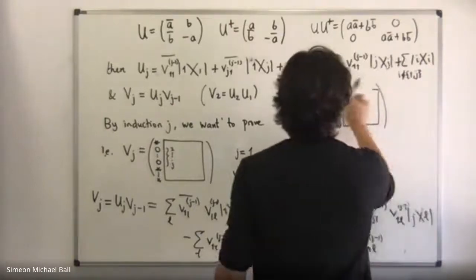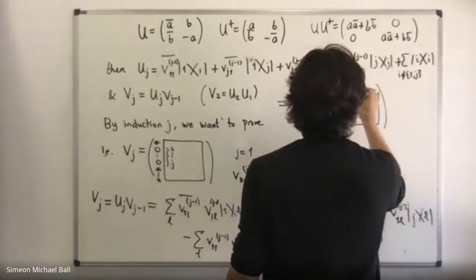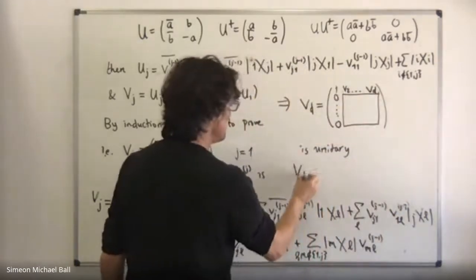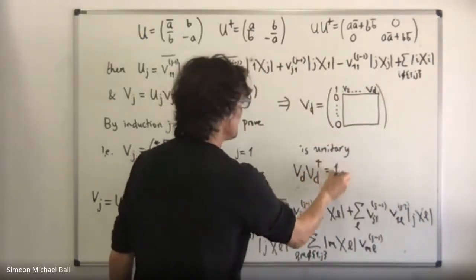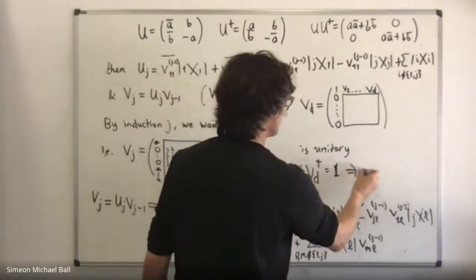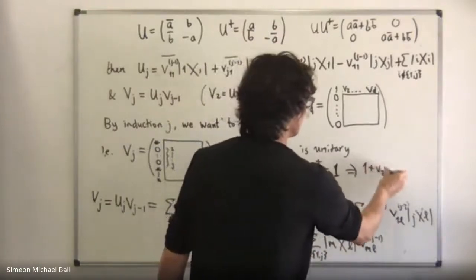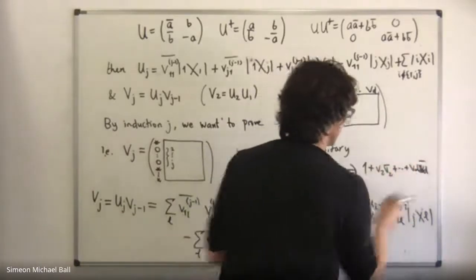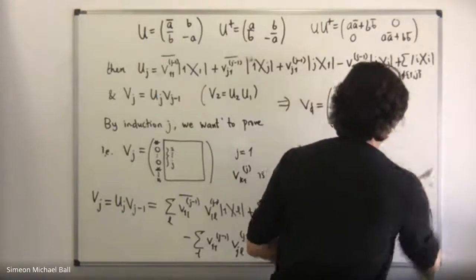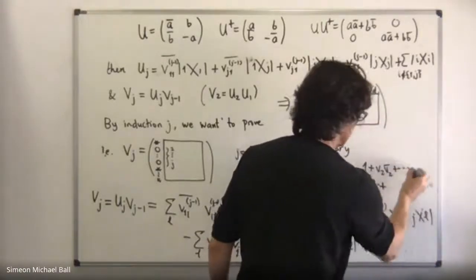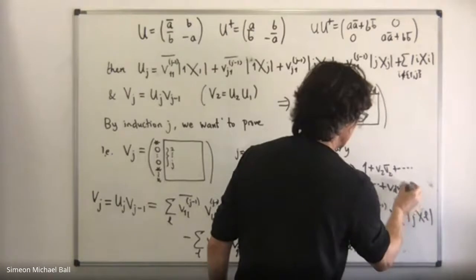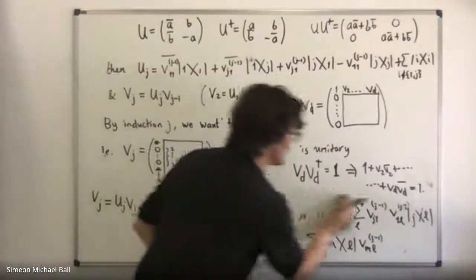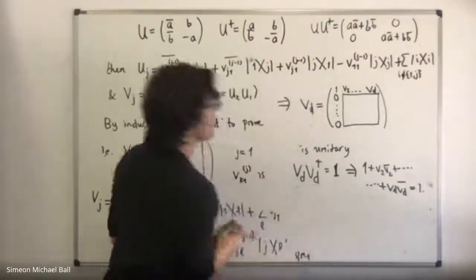So if you have along here some numbers, then when you do VD, it is equal to 1, and that implies that the other V's, all V's along here, are all 0.